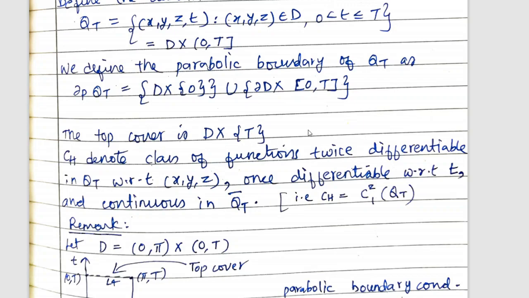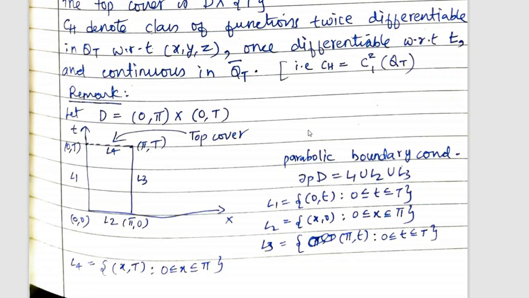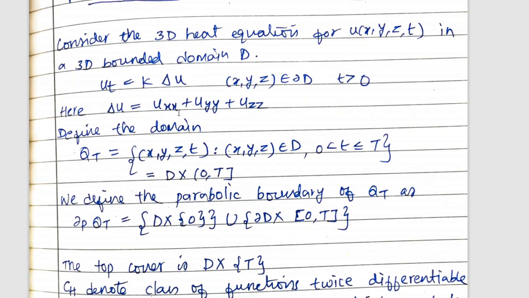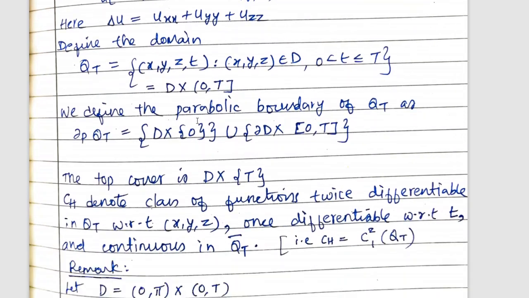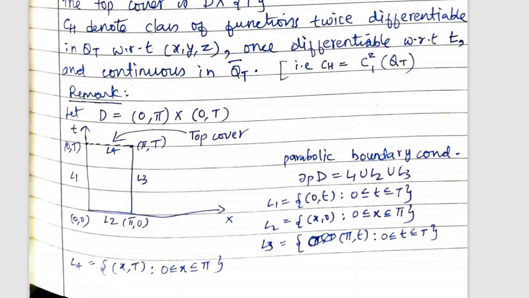Now suppose we denote CH to be the class of all functions that are twice differentiable in QT with respect to xyz. With respect to xyz it should be twice differentiable, because we have uxx plus uyy plus uzz, and once differentiable with respect to the time variable. So all those functions defined on QT, that is C21 of QT.